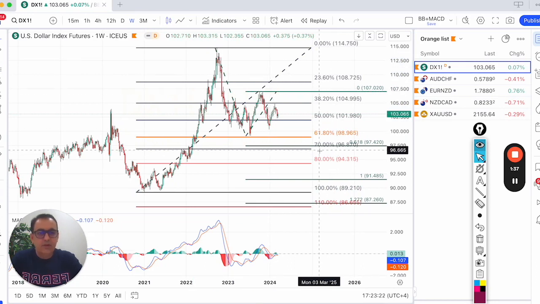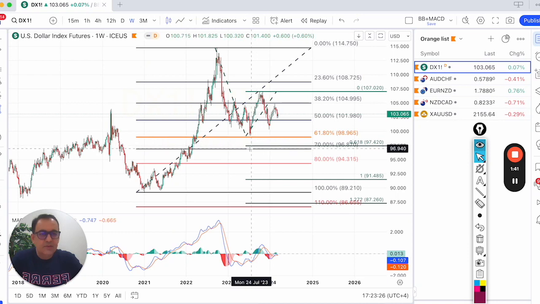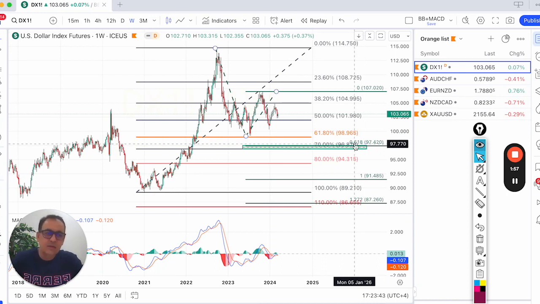And if you notice, we have the confluence at 70%. So 61.8 of Fib extension in the downward direction in confluence with Fib retracement 70% of the previous bull run. So this is the expected target for dollar index in the coming days and weeks.